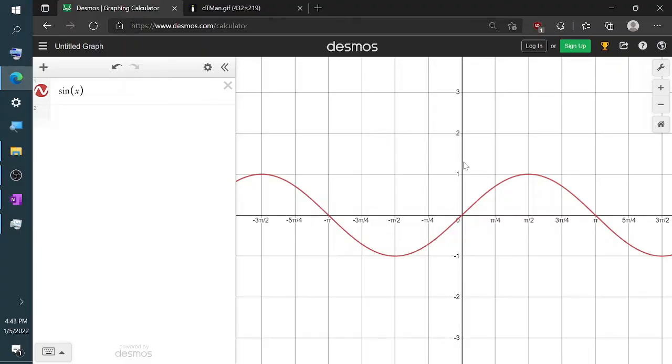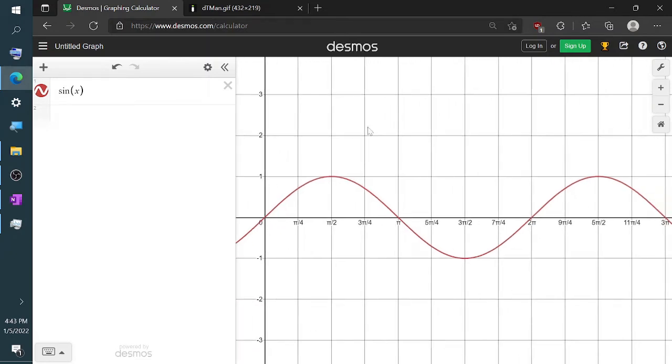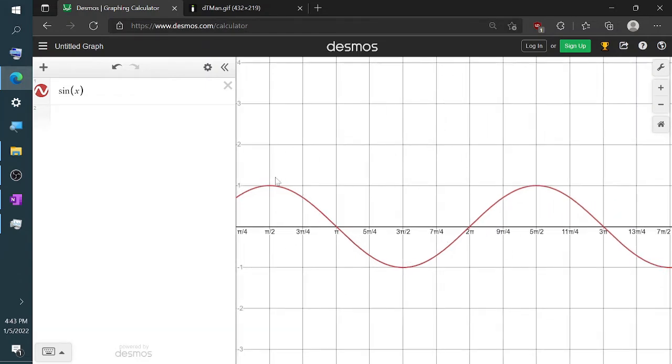Another thing that you can see in the graph of sine is that if you move 2 pi units away from the starting position and move to a coterminal angle, sine behaves exactly the same 2 pi units away from any angle. If you plug in 0, that's the same thing as plugging in 2 pi. If you plug in pi half, that's the same thing over here as what you're getting from 5 pi over 2.